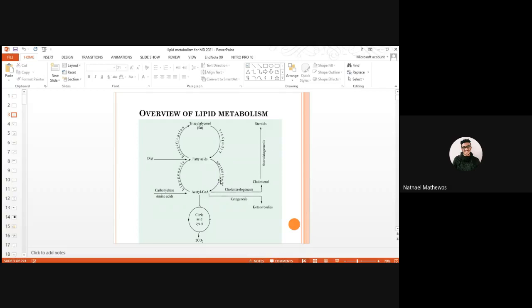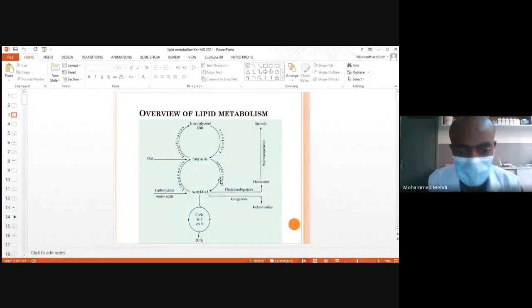Through beta oxidation, it will be degraded to acetyl-CoA. Acetyl-CoA has 2 carbons. As you know, fatty acid has many carbons, from 4 to 36 carbon. This is the length. After beta oxidation, every carbon of fatty acid will be chopped into acetyl-CoA.